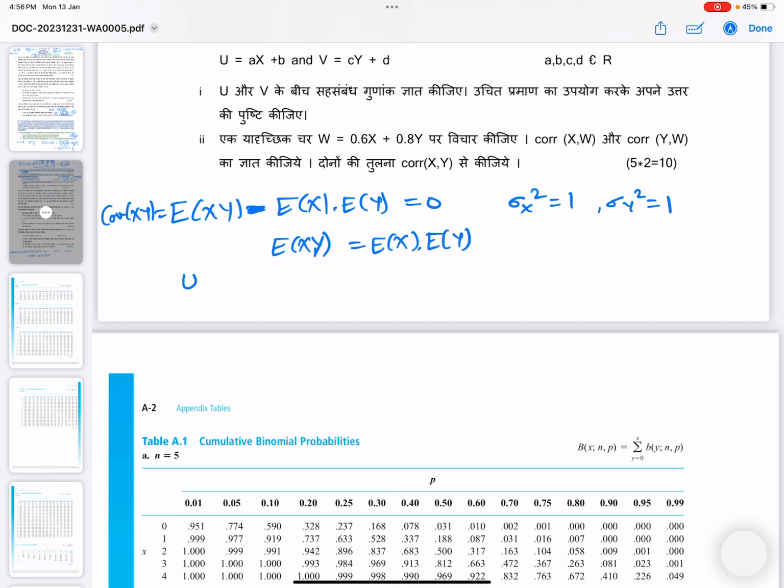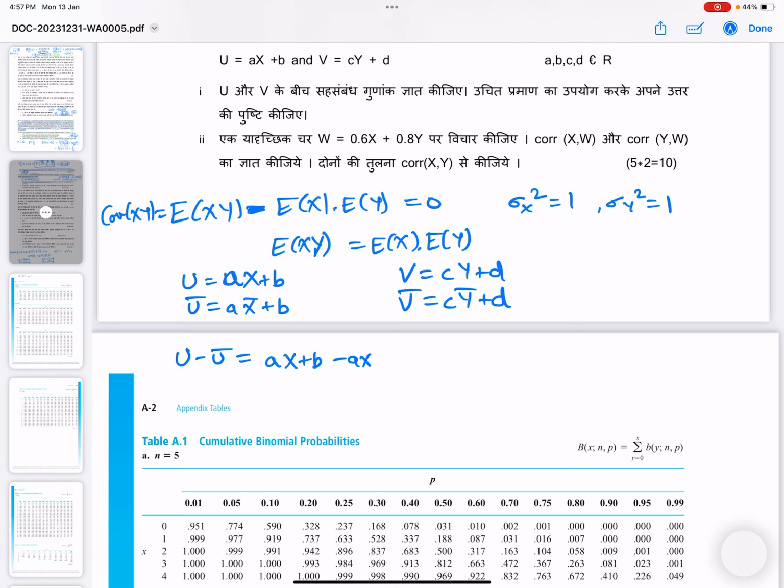Now we have U equals aX plus b. So U bar would become a into X bar plus b. V equals cY plus d, so V bar becomes c Y bar plus d. U minus U bar becomes aX plus b minus a X bar minus b. So b cancels out, and we have a times X minus X bar.